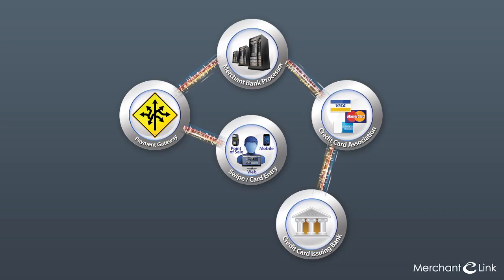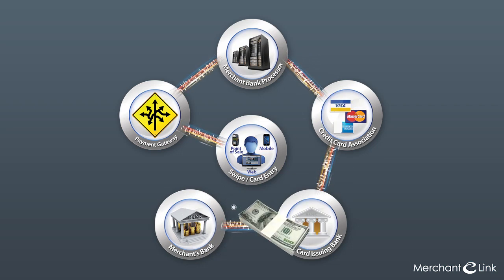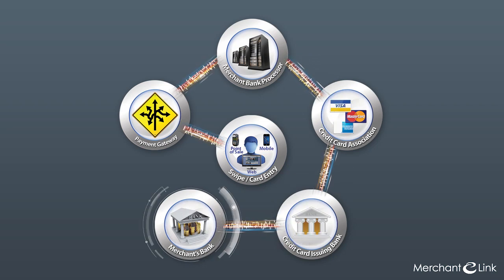Often, this is referred to as a back-end processor function versus the front end, where an authorization requires an immediate response. Once the processor transmits the settlement records to each financial institution, funds then move from every cardholder's account back to the processor. The processor deducts the fees from the total batch amount and finally deposits the funds into the merchant's account. This process generally occurs within 24 to 48 hours.